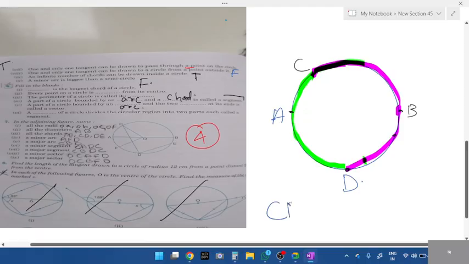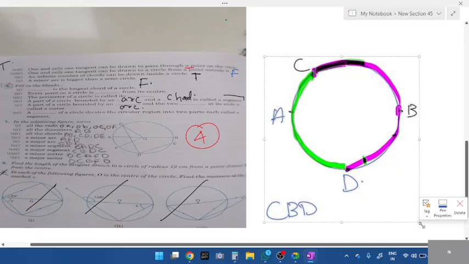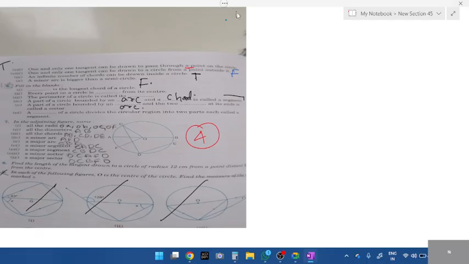CBD as the major arc. So major arc is CBD, students. CBD is the major arc.